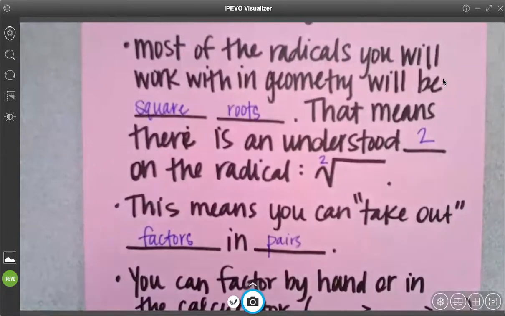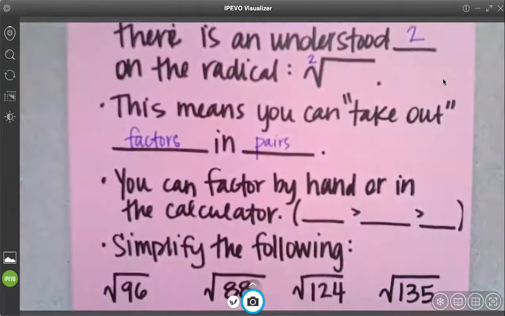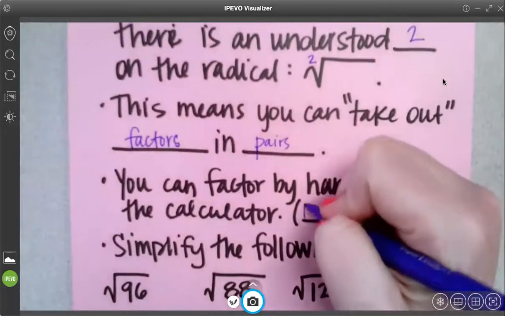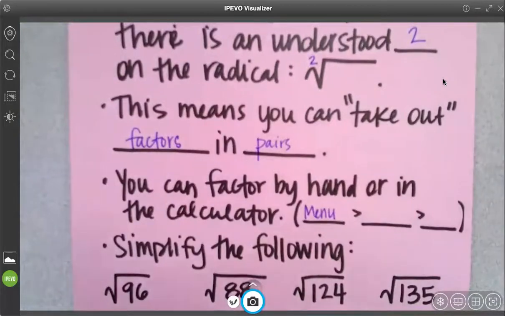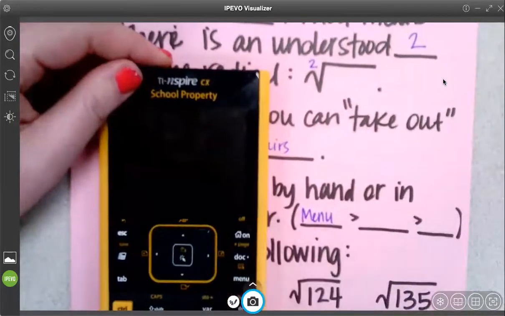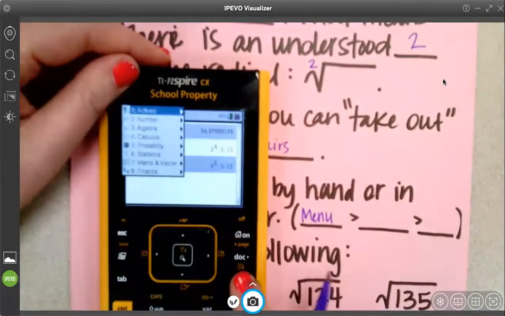Now you can factor by hand with something like a factor tree or whatever method that you use to factor. Or you could factor in the calculator. If you're looking at your calculator, we've got our Inspires. Turn that on, of course. So menu is right there underneath doc.